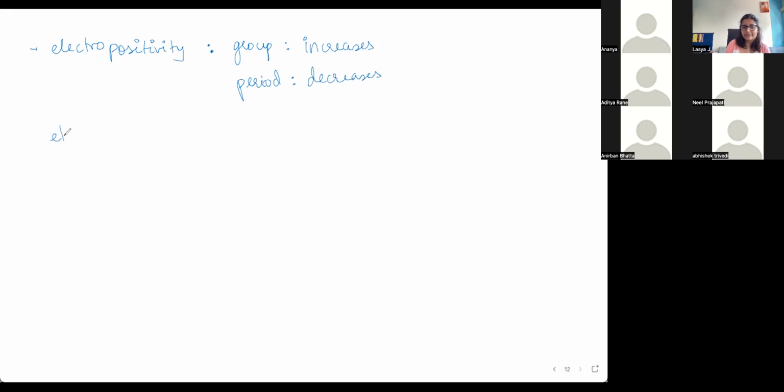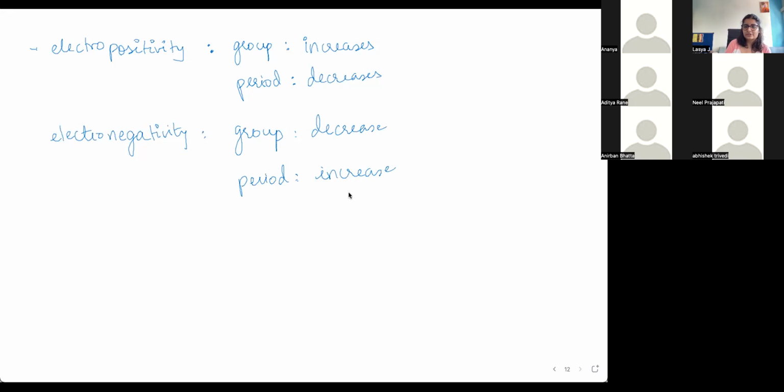And electronegativity is the opposite of electropositivity. Electronegativity is how easily it can attract electrons. Top to bottom, will electronegativity increase or decrease? Decrease, yes. And across a period? It will increase, yes.